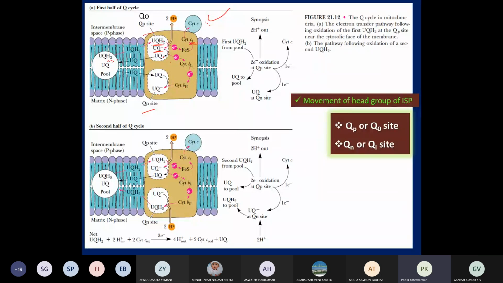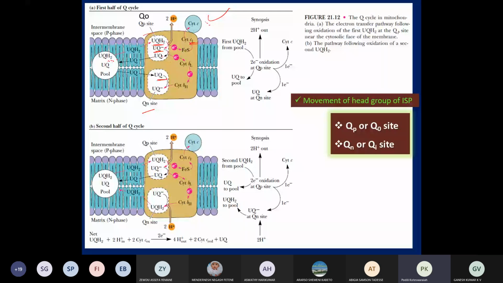This ubiquinone again moves into the lipid membrane and binds to the QN site at the matrix side, and the second electron coming from cytochrome Bl and Bh is taken up by the oxidized ubiquinone, and it becomes semiquinone again.